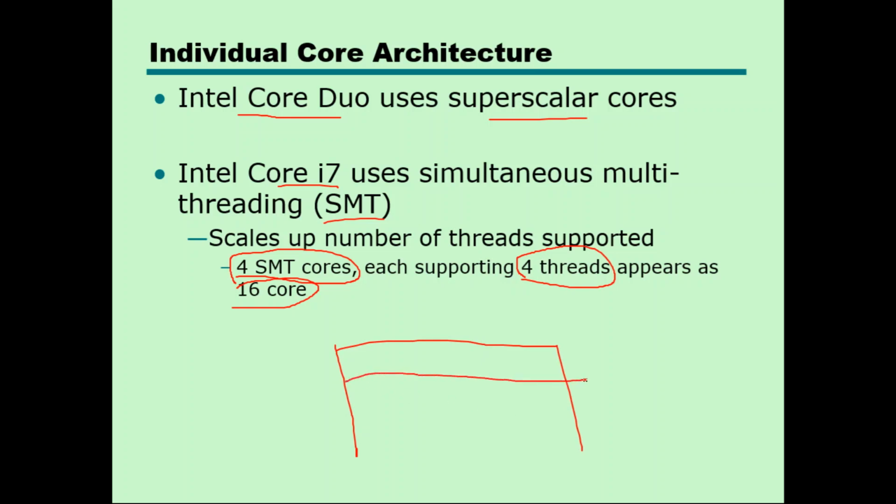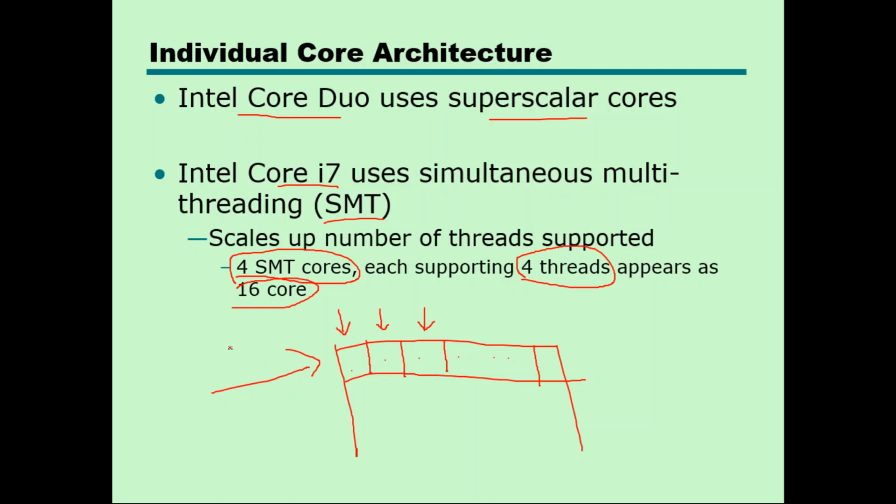There are four cores, and each core supports four threads, so during a particular clock cycle it can execute 16 different threads. If you have 16 threads with code to execute in parallel, then in one clock cycle all 16 threads can be executed.